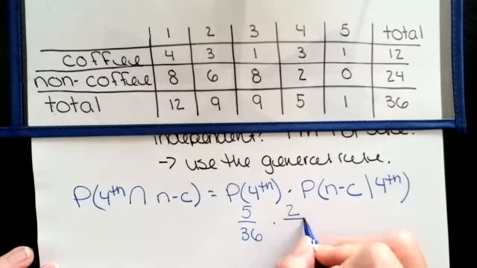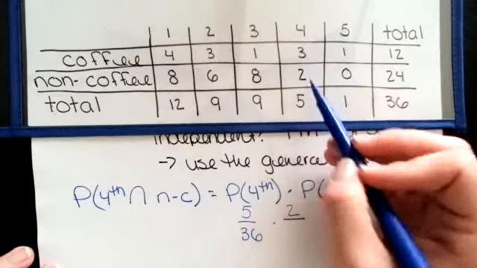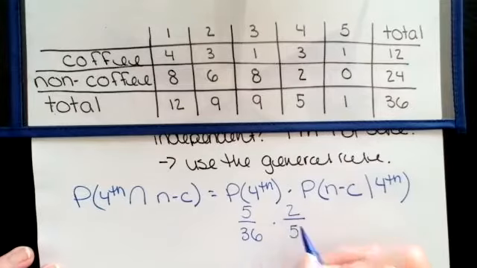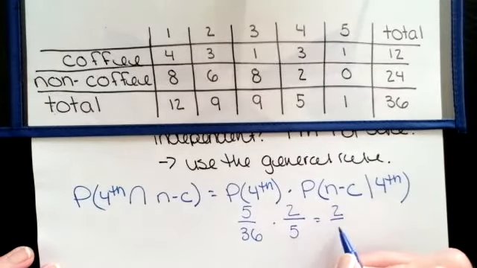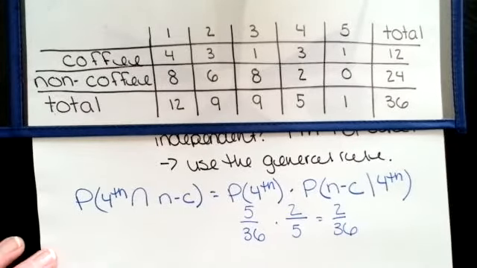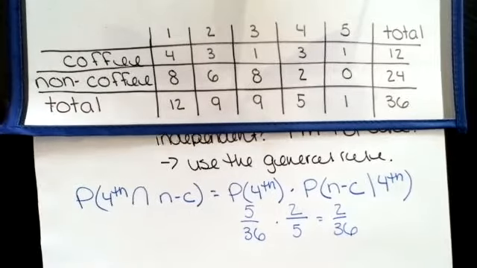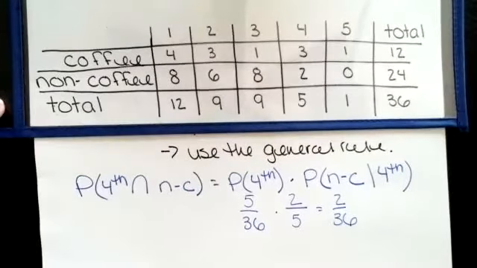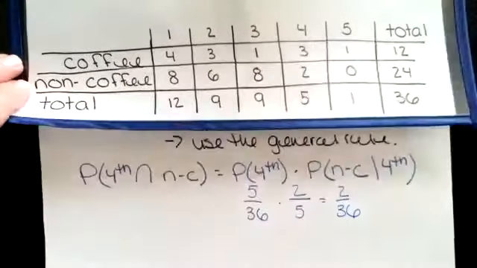And it's not out of 36. It's out of all the 4th year, so it's just out of 5. You can see my 5s would cancel, and this is just 2 out of 36. Or you can write it out as 1 out of 18, or as a decimal, percentage, however you want to write it, okay? So that's using the formula with the information out of the table.